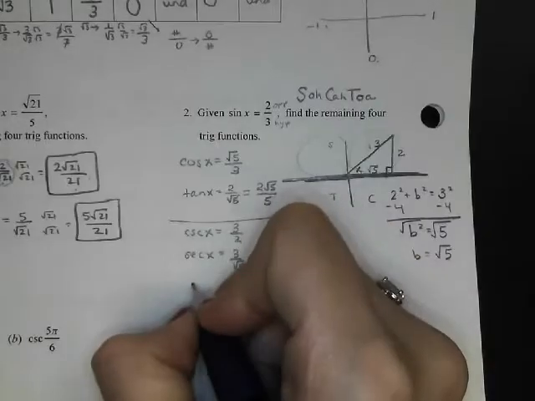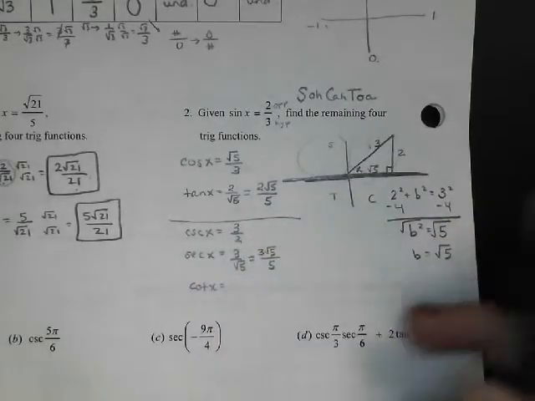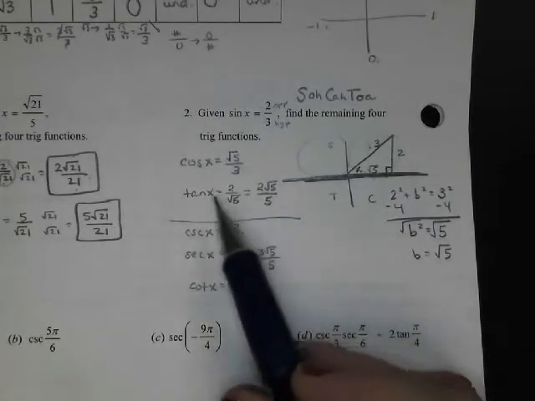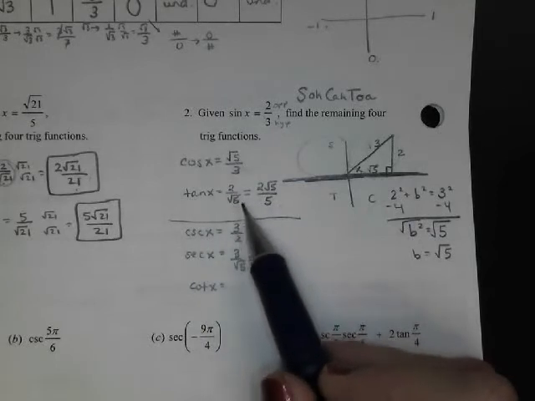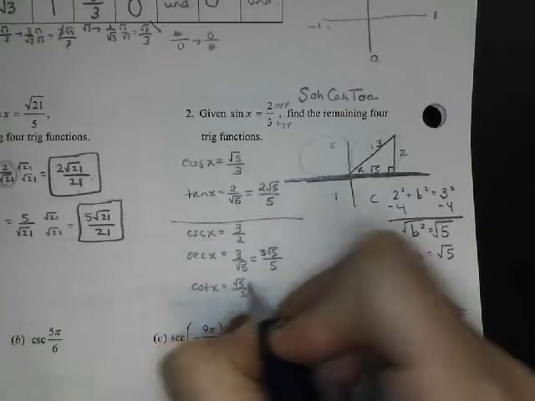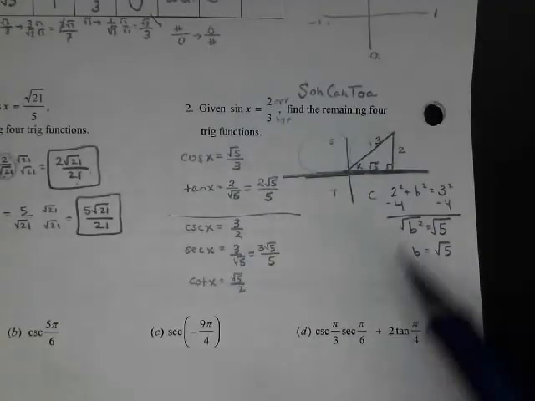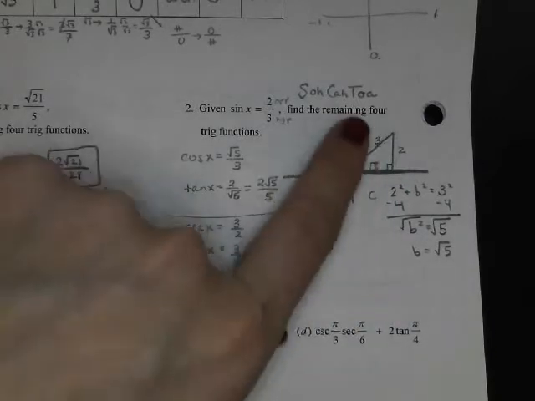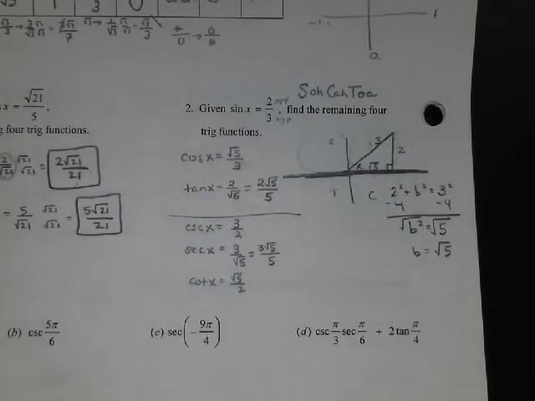And then for cotangent, we'll flip tangent. Now, again, you can flip this version of it, but you'll have to re-rationalize once that radical goes to the denominator. Or you can take this version of it and just flip that into root 5 over 2. And then we have all 6 trig functions. So I really think that should have said the remaining 5.